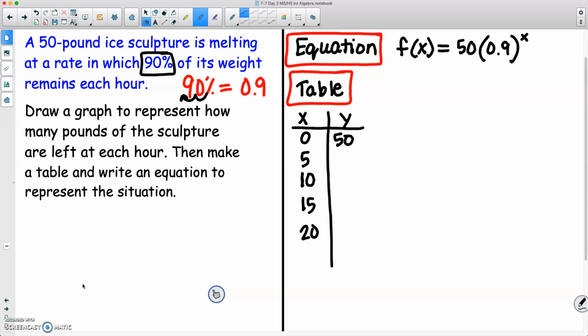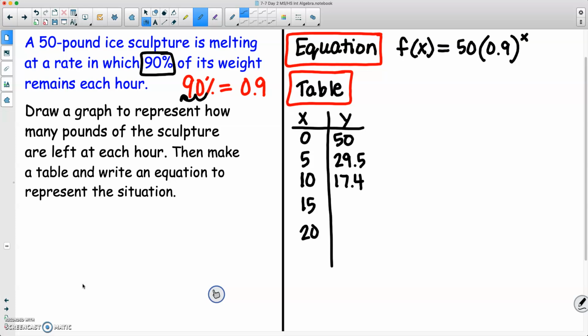Now if I put in 5, 50 times 0.9 to the power of 5 is 29.5. I'm going to round this right away. Now if I change this to 10, I get 17.4.